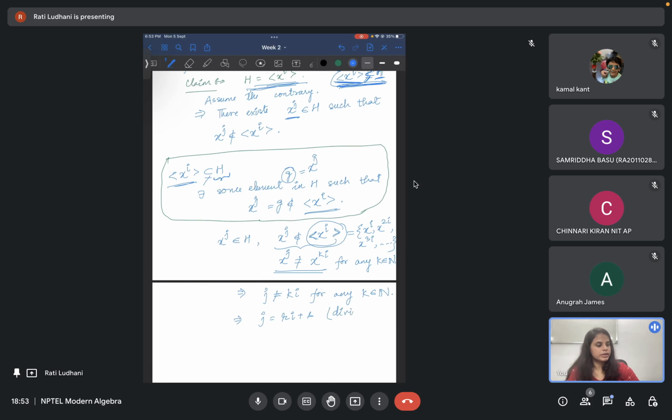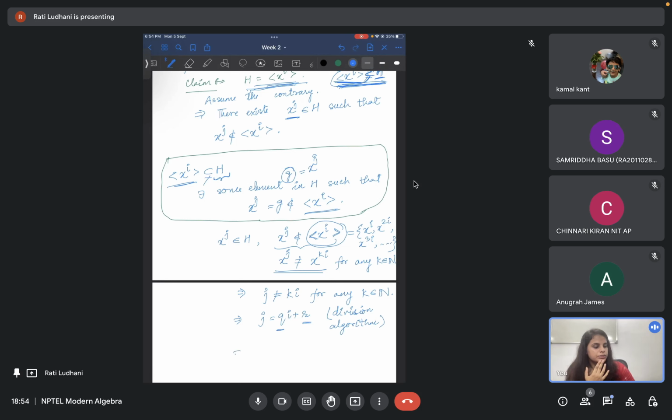You are dividing by I. You have quotient and remainder when you are dividing by I. So J is equal to, okay, yeah.